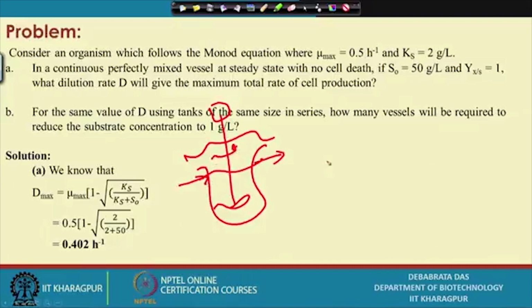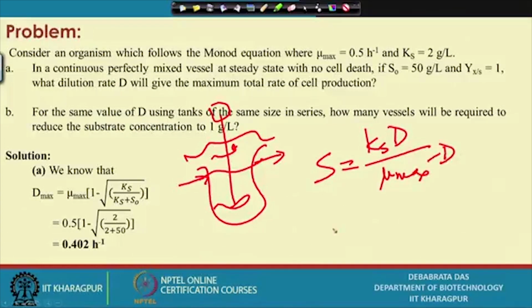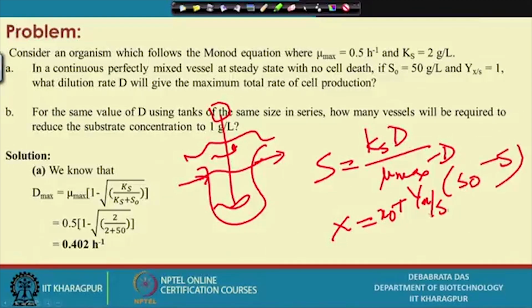Then we have the S value, we know S equals what? Ks D by mu max minus D, am I right? And the x value you can easily find out: x0 plus Yx by S, S0 minus S.